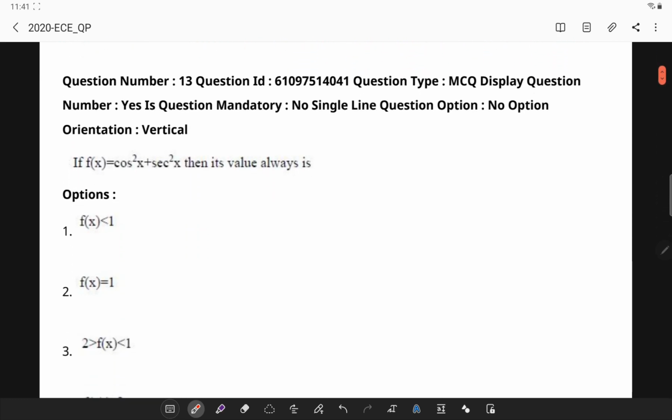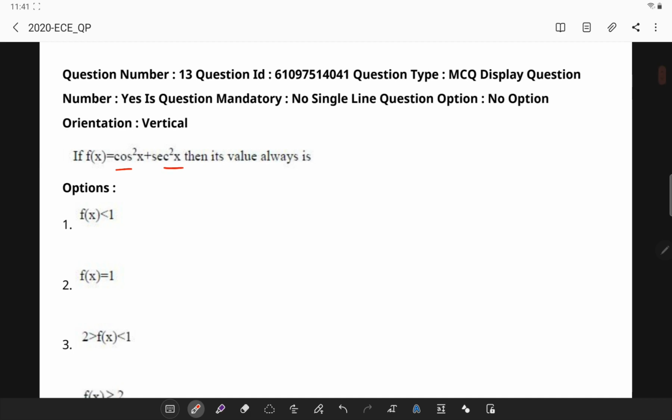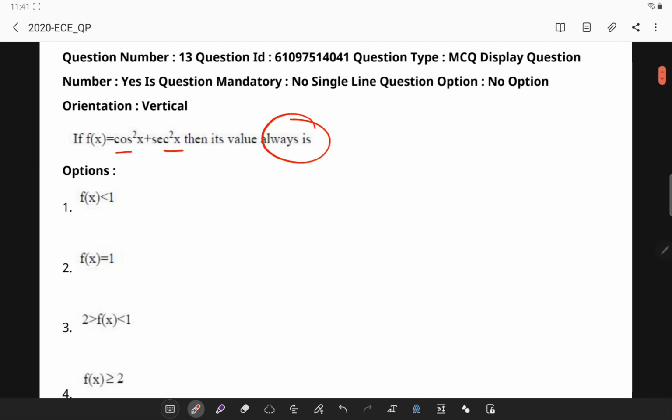So next, the value of cosec square x plus sec square x is always.